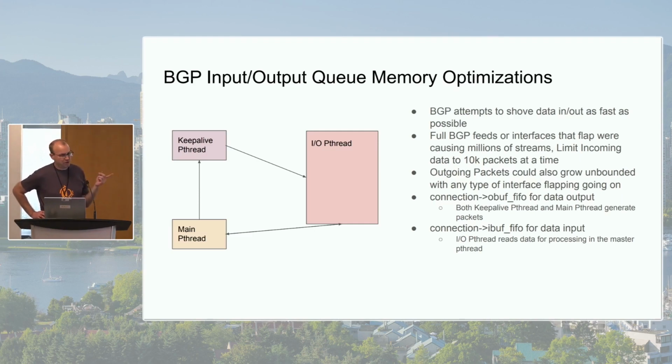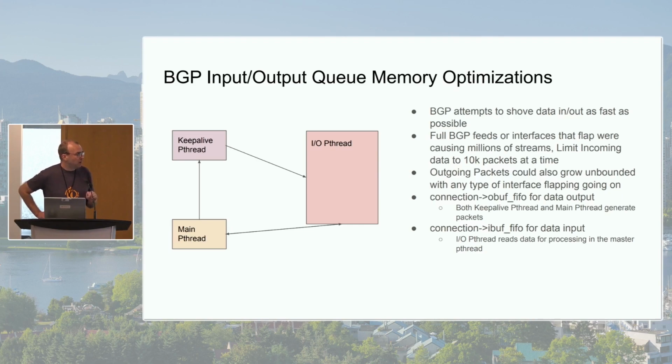The Keepalive pthread does nothing more than generate regular BGP updates that are then handed to the I/O pthread for shoving out the door. And finally, the I/O pthread does nothing more than read incoming data and output outgoing data.